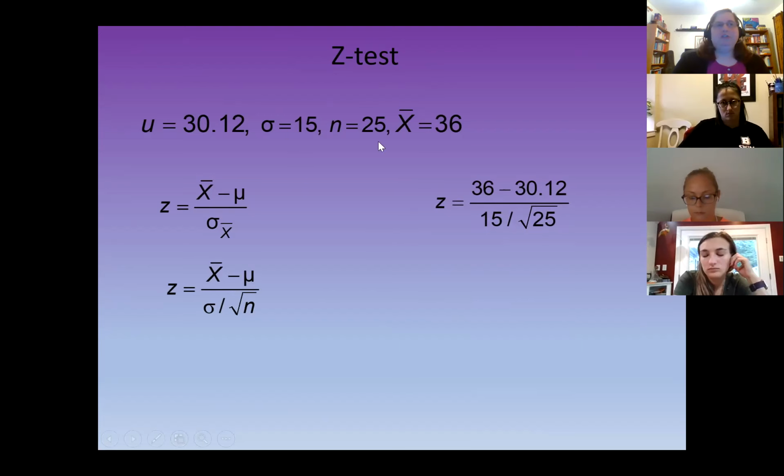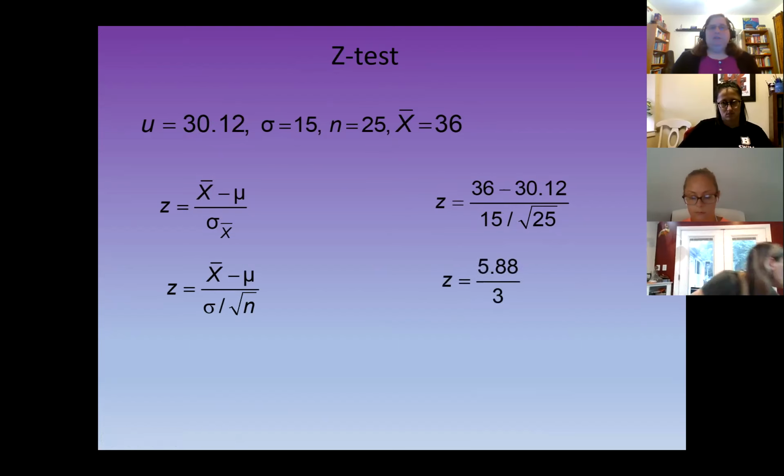36, x bar, minus 30.12, mu, over 15, sigma, over the square root of 25. The square root of 25 resolves to 5. 15 over 5 resolves to 3.